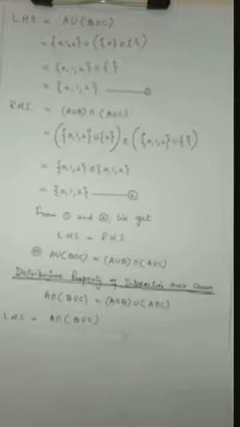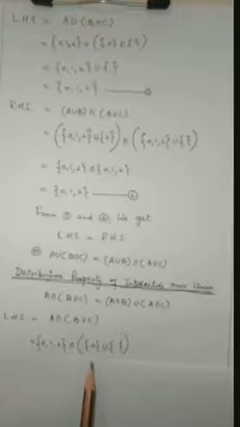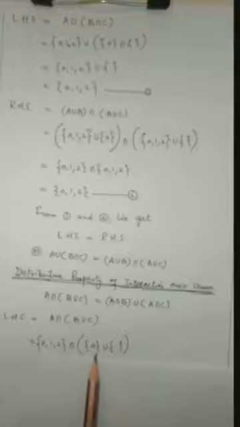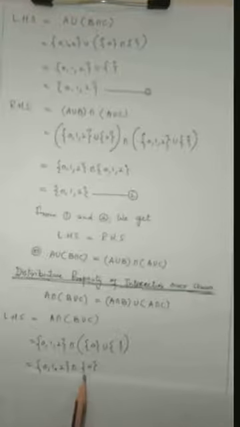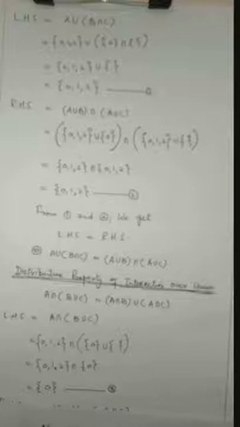First of all, we will simplify the left hand side. Now putting the value of sets A, B, C like this. First of all, we will simplify this bracket and taking union between these two sets, which is equal to 0. Now taking intersection between these two sets, which is equal to 0. This is called equation number 3.